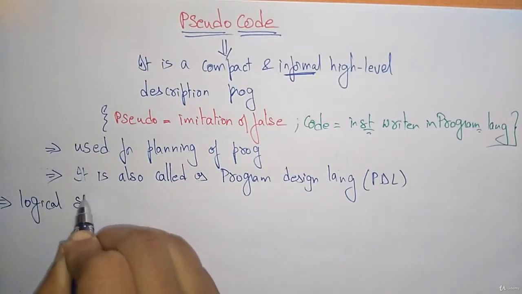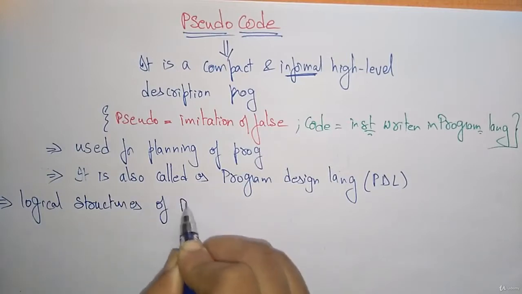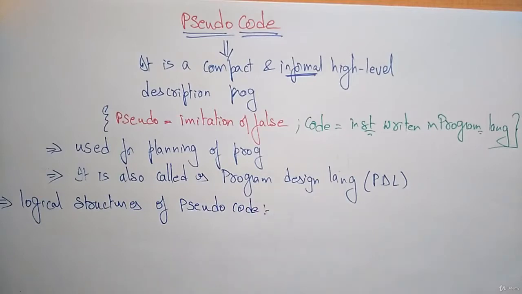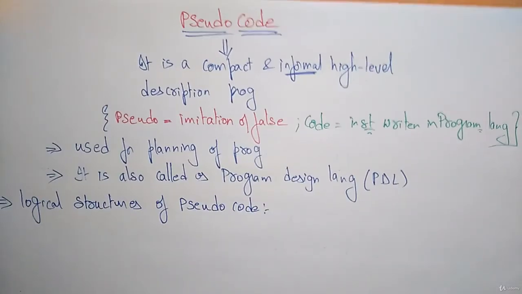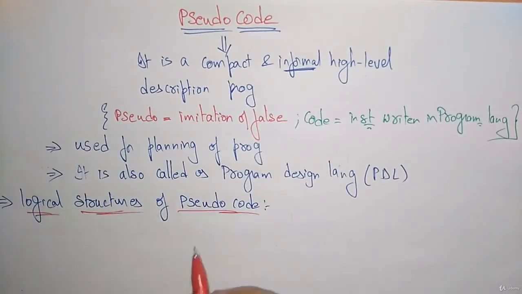Now coming to the logical structures of pseudocode. What are the logical structures of pseudocode? There are three logical structures in pseudocode.